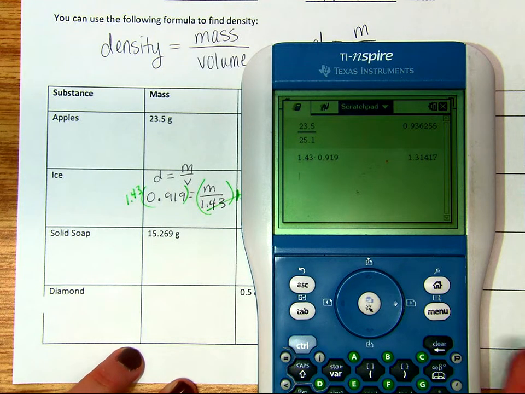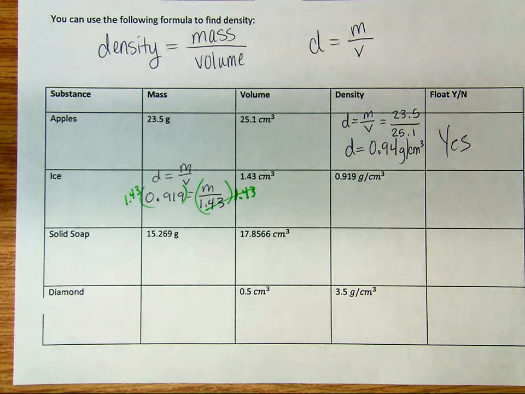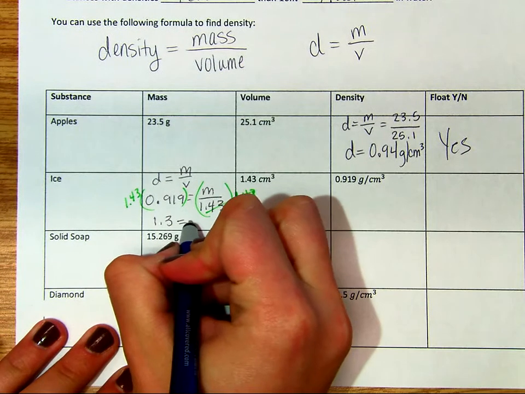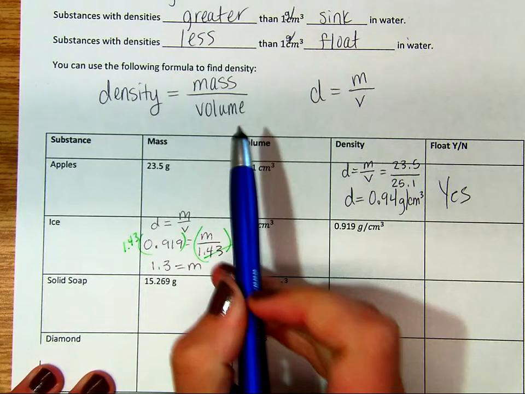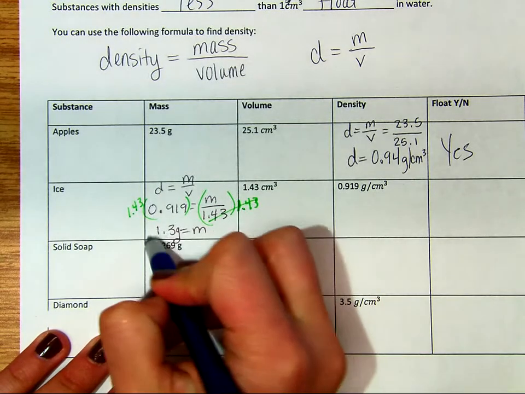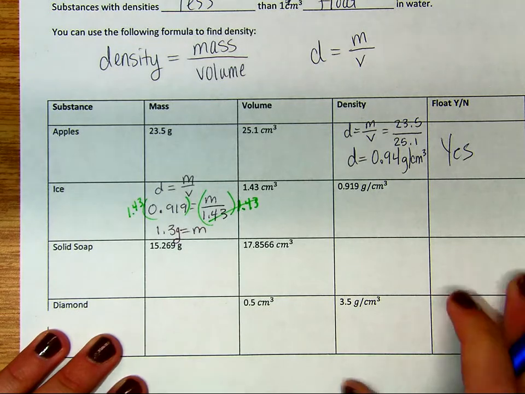And I get 1.3-ish. I'll just put 1.3. So 1.3 is my mass. And then my units for mass are grams. So 1.3 grams. And I've got my mass.